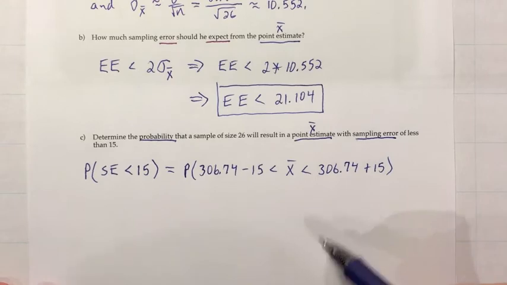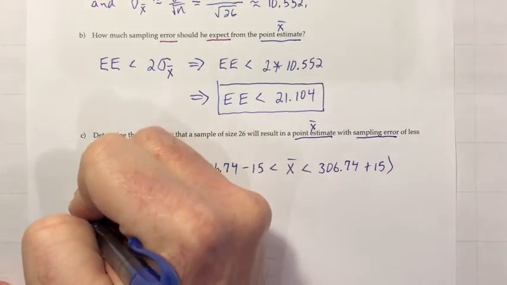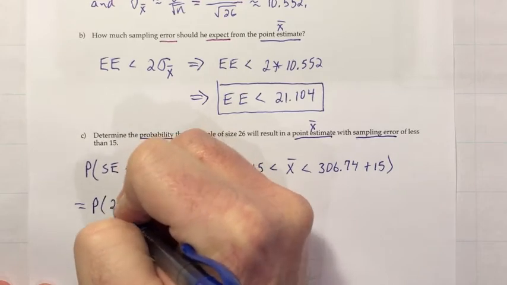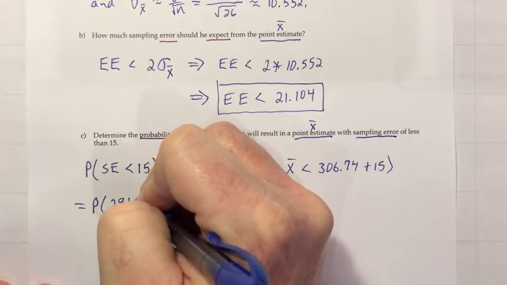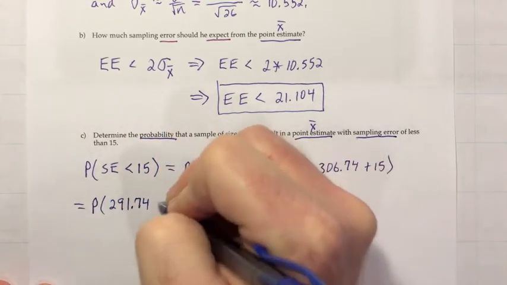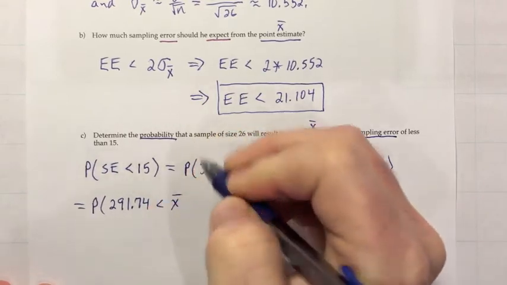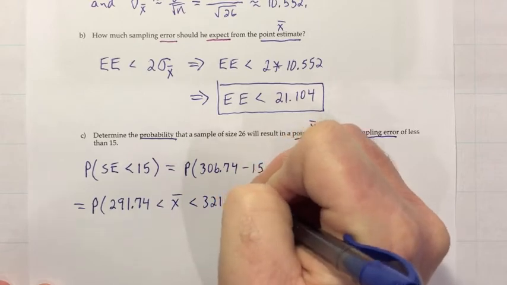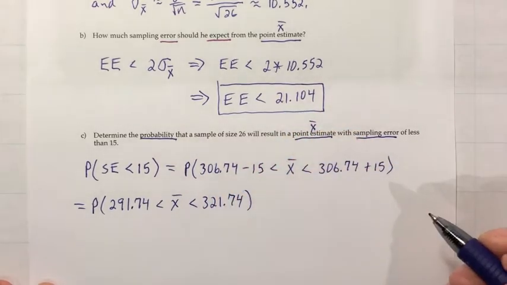And then you can subtract and add that 15 to finish off the translation into probability notation. So this is the probability that 291.74, that's just doing the subtraction, is less than x bar, which is less than 321.74, which is what we would get if we did the addition on this side.